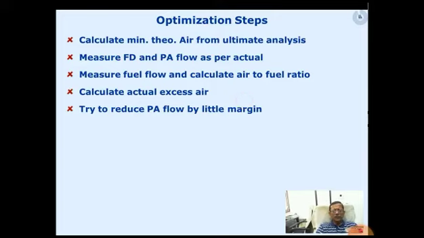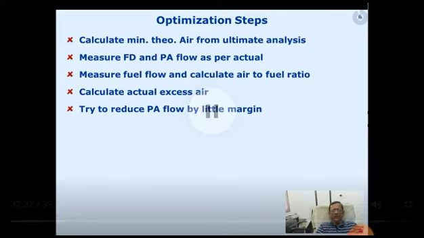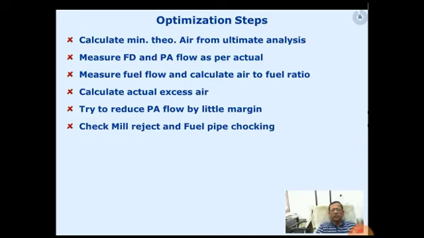Now the moment you reduce the PA, two things would happen. As I told you, first is the mill reject is going to increase. So what we do, we check the mill reject, and then we also check whether it is leading to the fuel pipe choking, right? This is not going to happen suddenly.